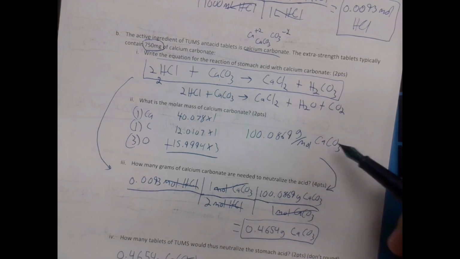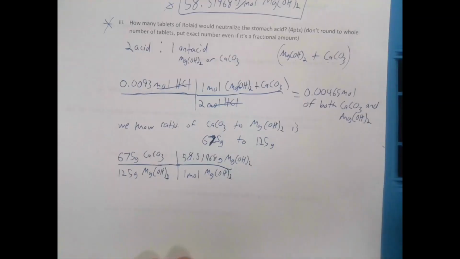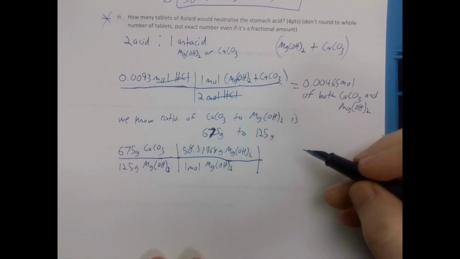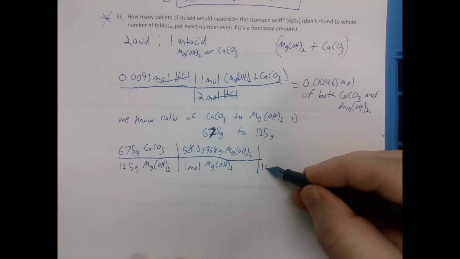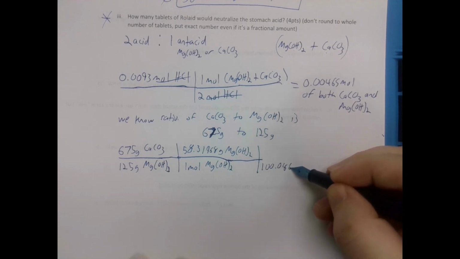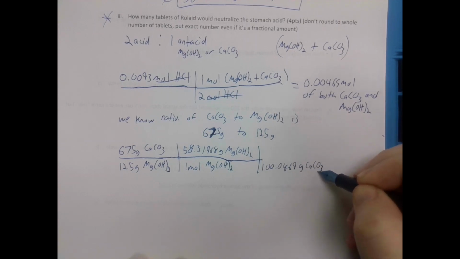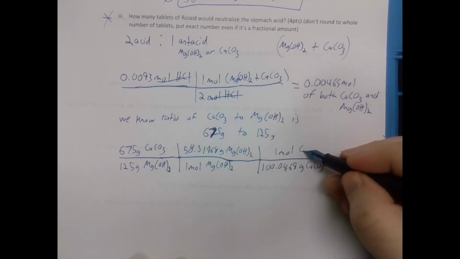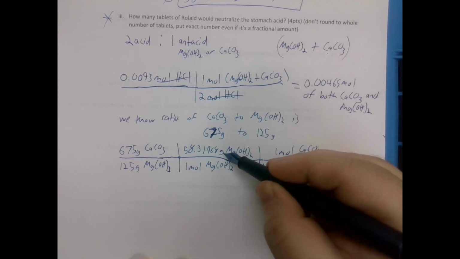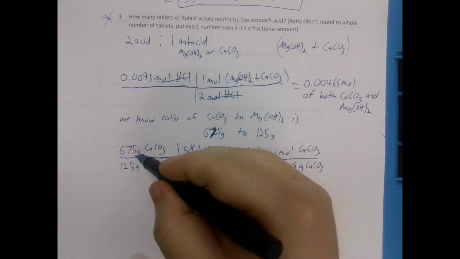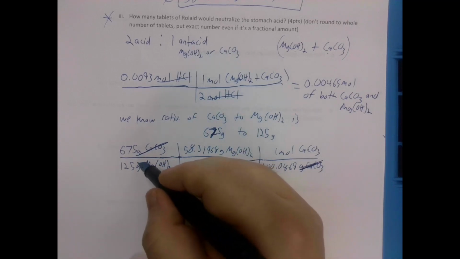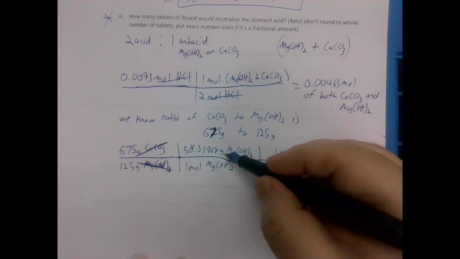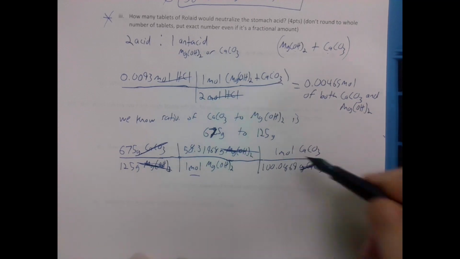And on the previous problem, you have grams and moles right here. So if you plug in 100.0869 grams of calcium carbonate to 1 mole of calcium carbonate, grams calcium carbonate cancels out with grams calcium carbonate, grams magnesium hydroxide cancels out with grams, so I'm left with a mole to mole ratio.